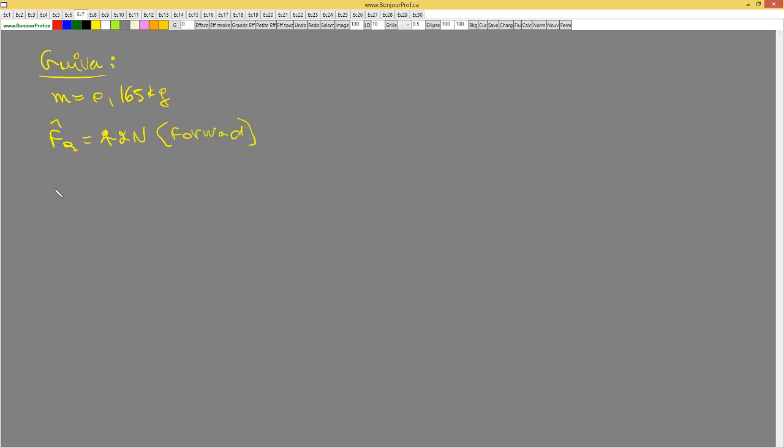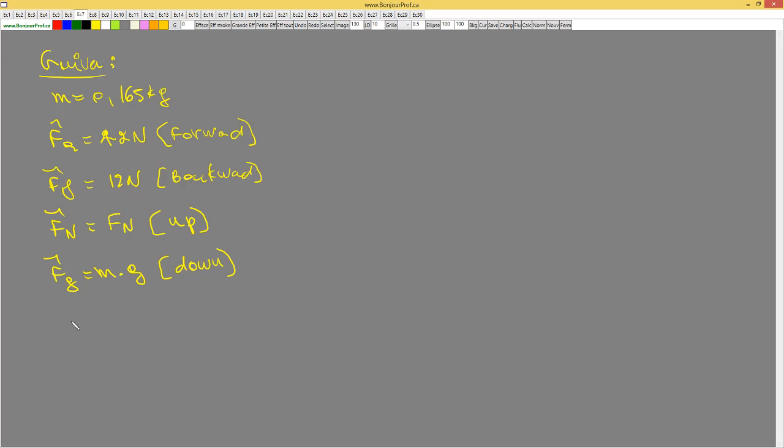The force of friction equals 12 newtons backward. The 9.81 is down. We have the normal force; this one we don't know, so we put Fn, and it is up. And we have the force of gravity, the mass times g, down.